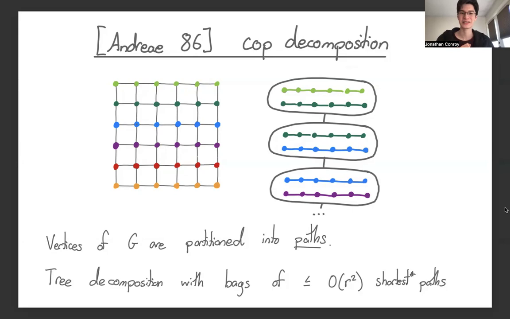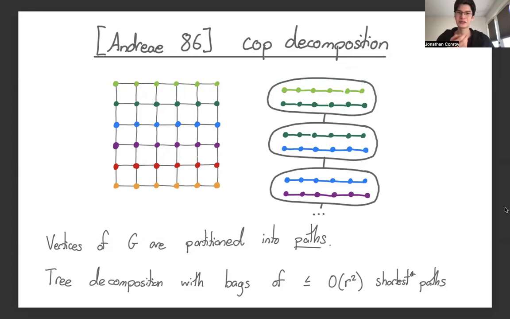There's some technical conditions. So it's possible to partition the vertices into these shortest paths such that there's a tree decomposition of the graph where every bag is the union of a small number of these paths. In particular, it's the union of poly R shortest paths if you exclude a K_R minor.